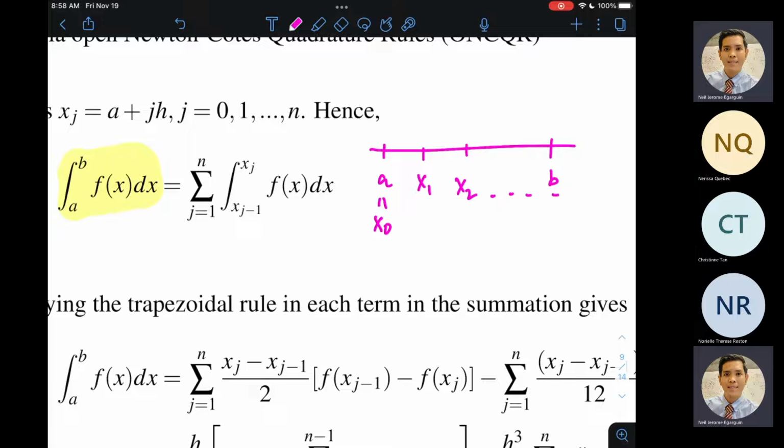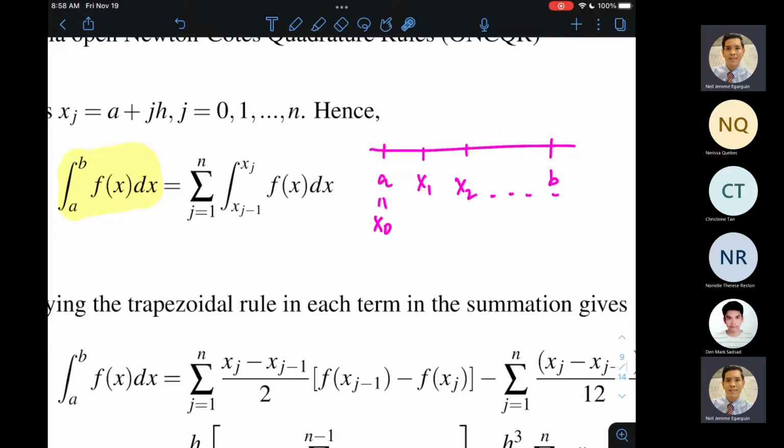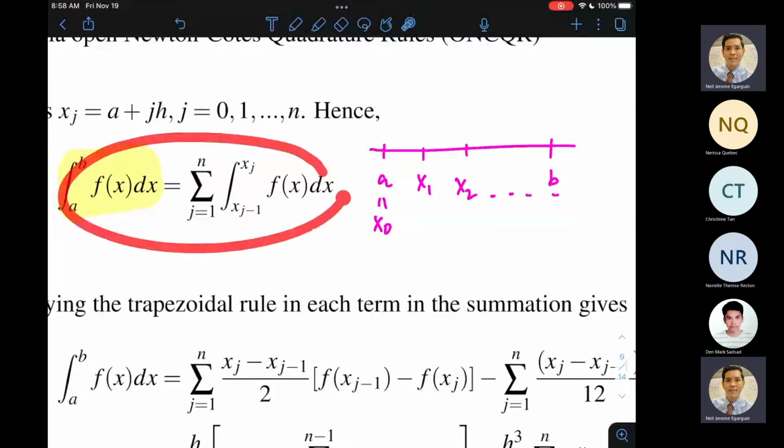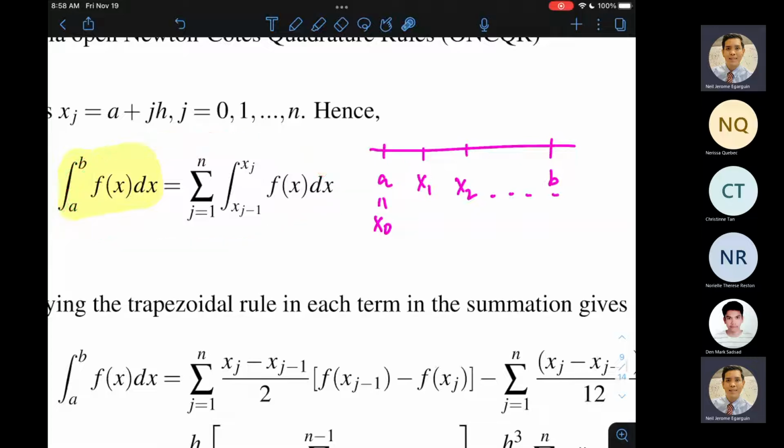I'll first approximate the integral from x0 to x1, add it up to the approximate integral from x1 to x2, and so on. Ito yung sinasabi ng integral. Mag-integrate tayo sa bawat subinterval. Let's take the sum, all right? And that would be our integral, right?